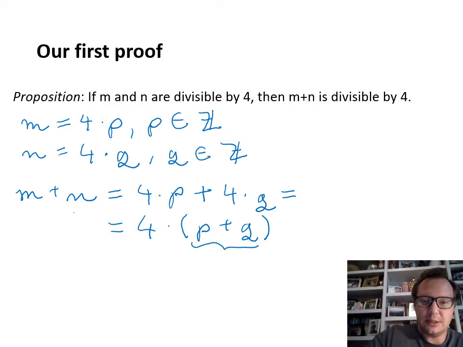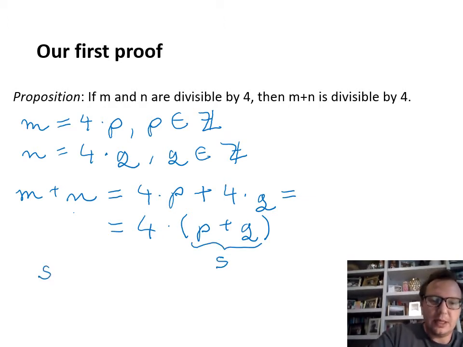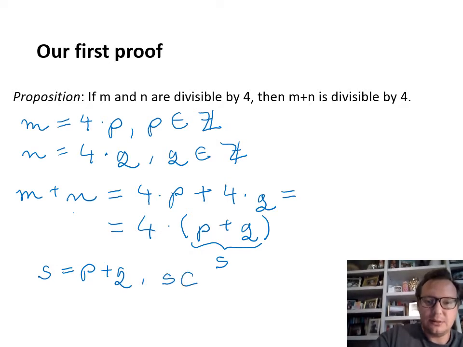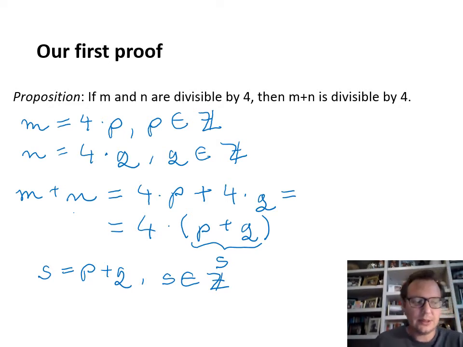So let's call this s. So s is equal to p plus q, and s is also an integer. How do we know this? Because integers are closed under addition.